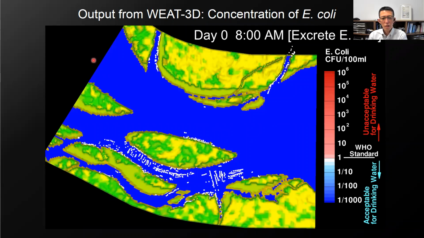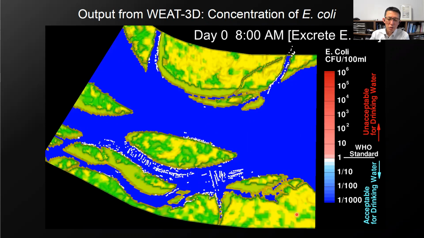The blue part is water, and on the left side we have the lake, and on the right side the Tonle Sap River. Green and yellow is the land, and the white dots indicate the location of the floating houses. So this is a major village, and on the north side we also have some villages.